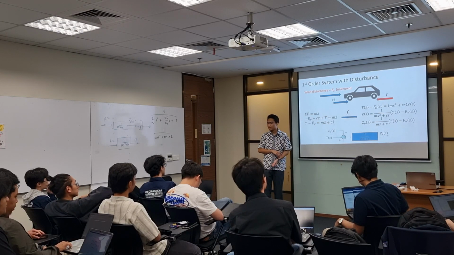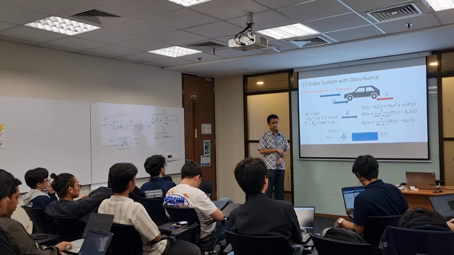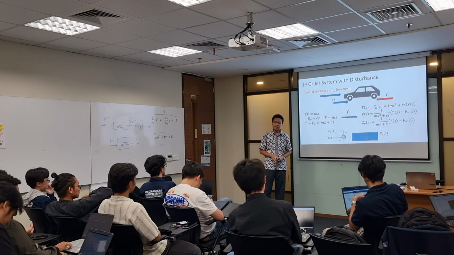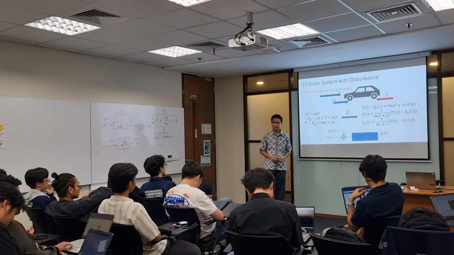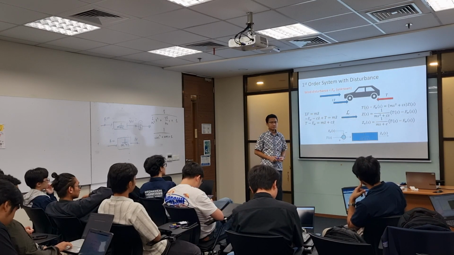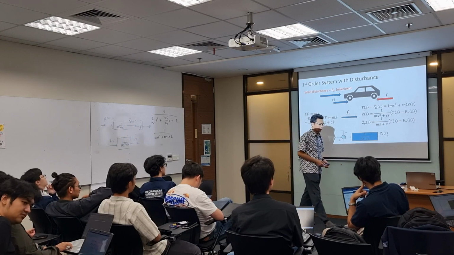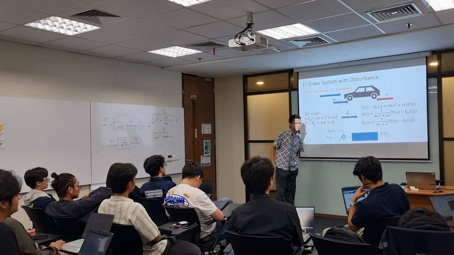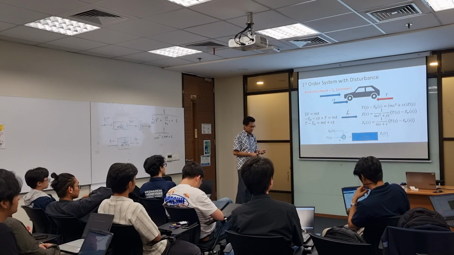If it is unstable, then it is unstable, no matter what kind of output you want to observe. So just be careful when you are working on transfer functions. Let's move on.